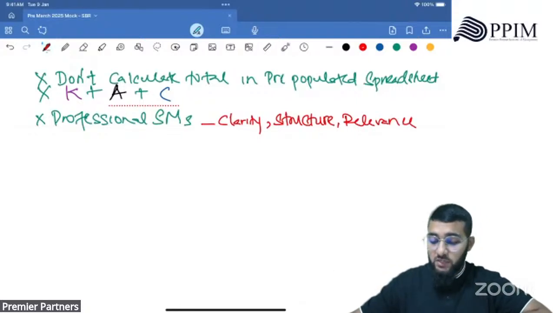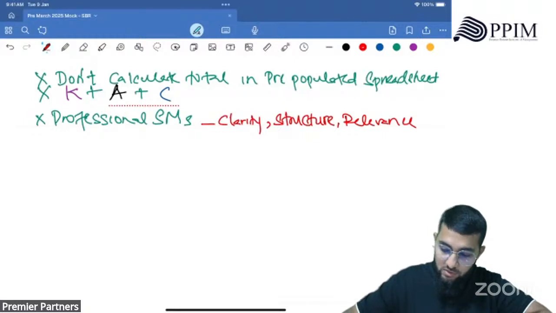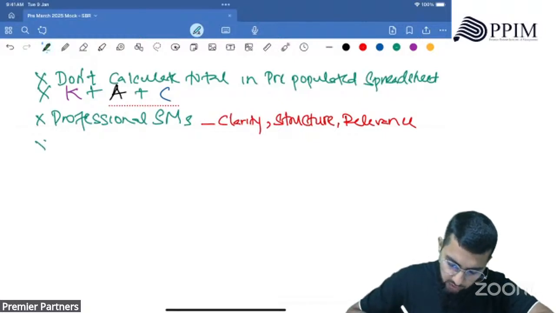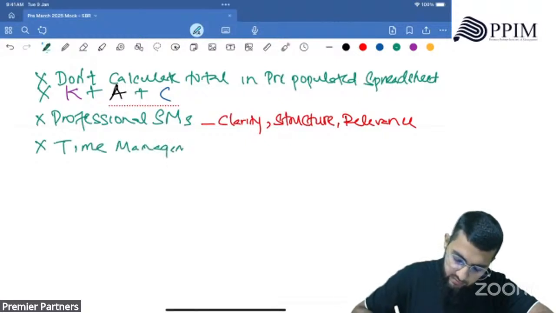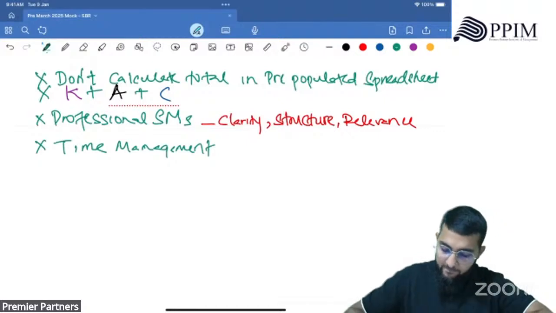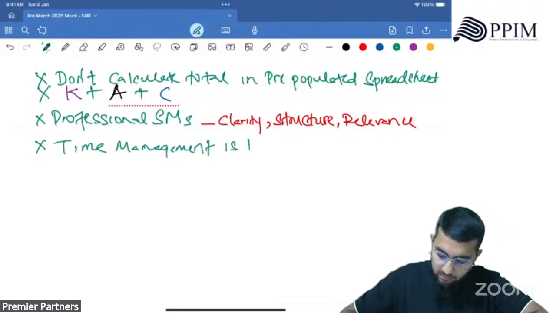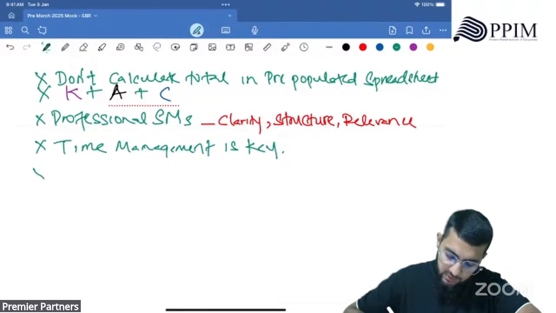Right? Ensure clarity, structure, relevance. Most importantly, time management is key, and especially for question number 1.